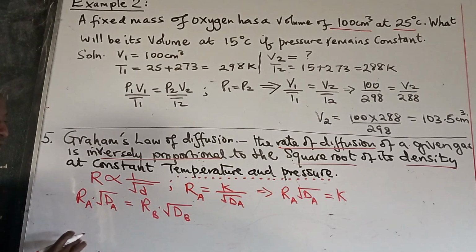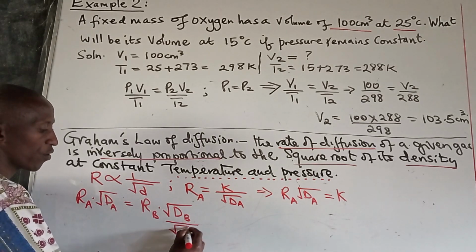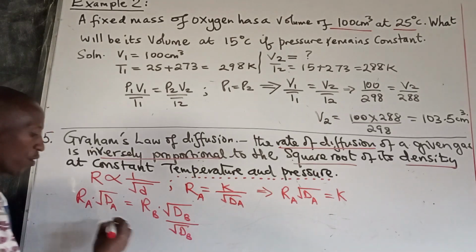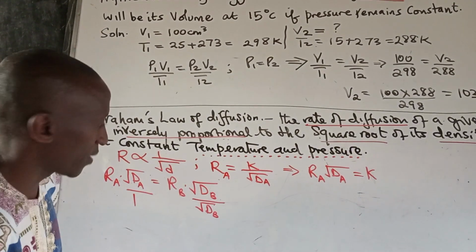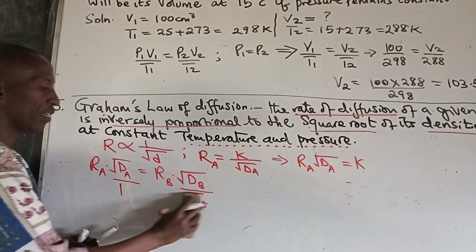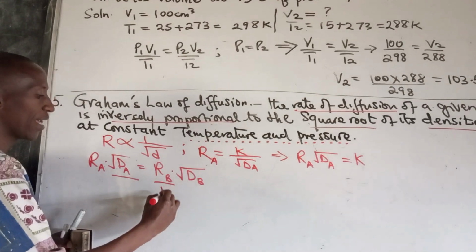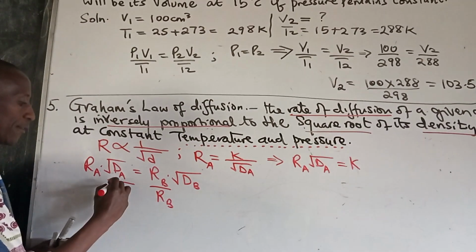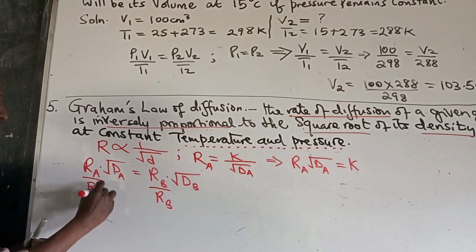Now at this point, since I want the rate to be the one dividing out, let us divide by the rate of B on both sides.